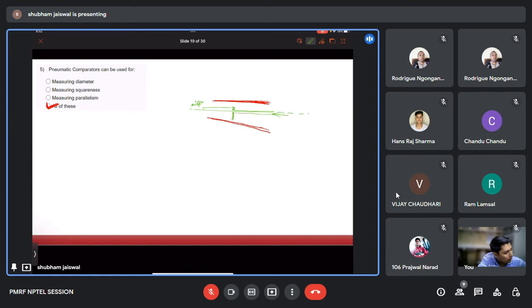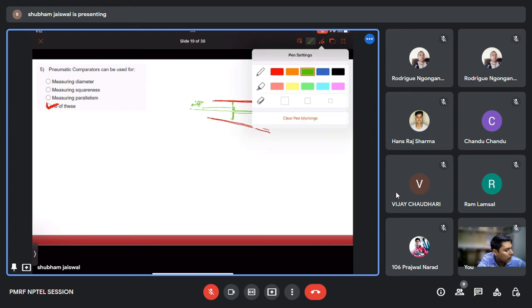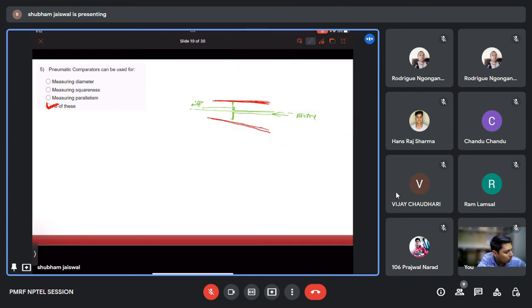When I give the air pressure from this side, this distance will not be the same, and as these two surfaces are not parallel, there will be some difference in the back pressure. If the back pressure is the same, then we can say they are parallel. But if the back pressure is different, then we can say that these are not parallel.